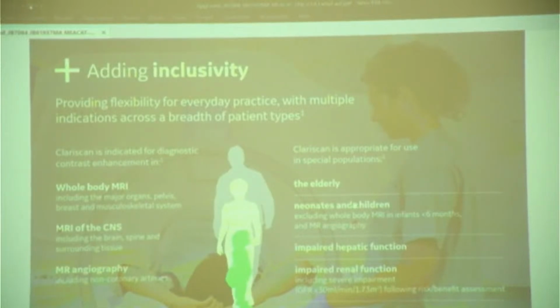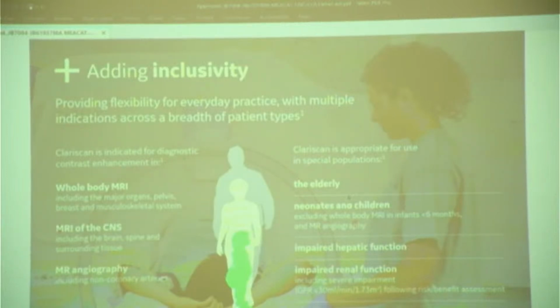But most importantly, for Clariscan, you can even do children below 6 months, yeah, and MR angiography for the same children. So this is an addition to what you have been having. The linears mostly are contraindicated for children below 6 months, but for macrocyclics, this is an indication. You can proceed, including those with impaired hepatic function, and also most importantly, impaired renal function.